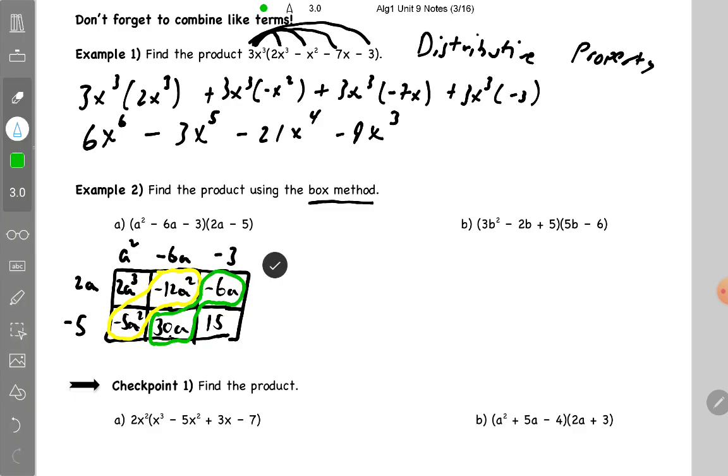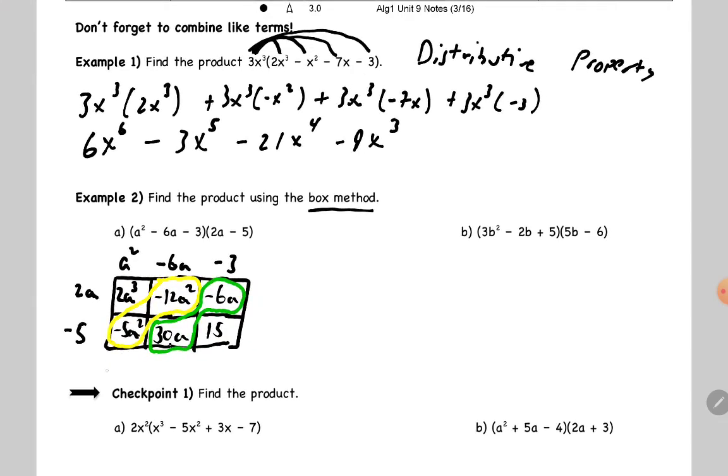Then I'm just going to put in everything from the box down below. So I have 2a cubed. Negative 5a squared minus another 12a squared is negative 17a squared. 30a minus 6a is 24a. And then we have a positive 15.